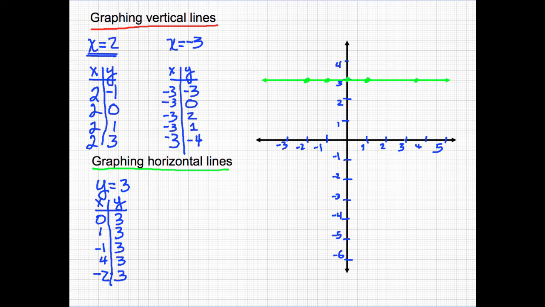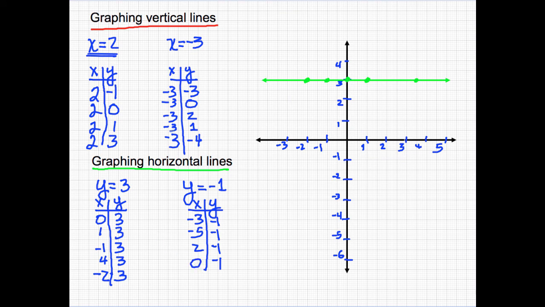Let's try another one. Let's try y equals negative 1. Again, we'll make a table, x and y, and we will make y equal to negative 1 at all times for all of our points, and then we'll pick other values of x: negative 3, negative 5, 2, and 0.